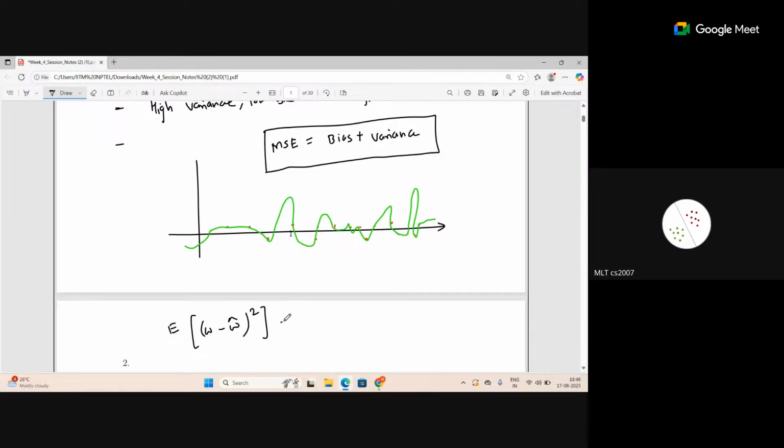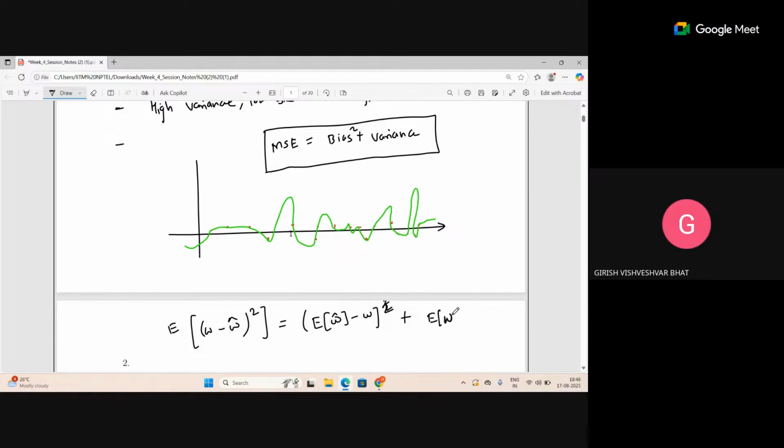That is equal to your bias. What is bias? The expected value of W. Actually, MSE is bias squared plus the variance. And what is variance?